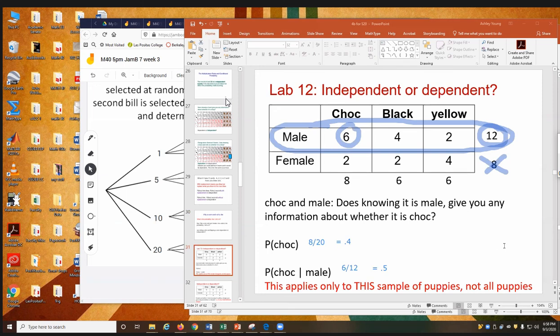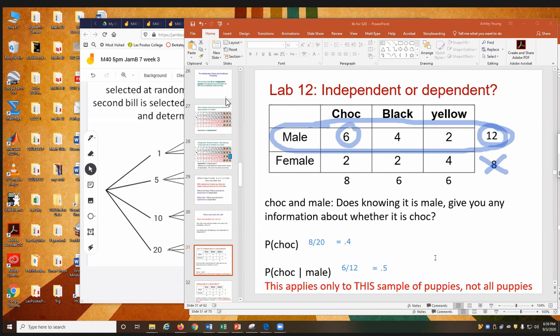So now I know that I have a little greater chance of picking a male puppy if I know it's a chocolate lab. Please note, this only applies to this sample of puppies. I'm not talking about all puppies. I'm not talking about whether being a chocolate lab affects whether or not you're a male puppy in the world. I'm talking just from this sample. So when I ask these questions on the exam, this applies just to this sample.